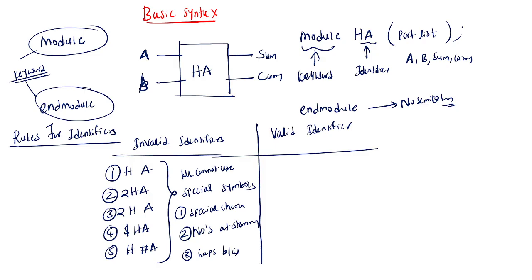Underscore it will take. Suppose a 2 cross 1 mux is there and I want to give the identifier name, I can give underscore 2 cross 1 mux, and the compiler will take it.